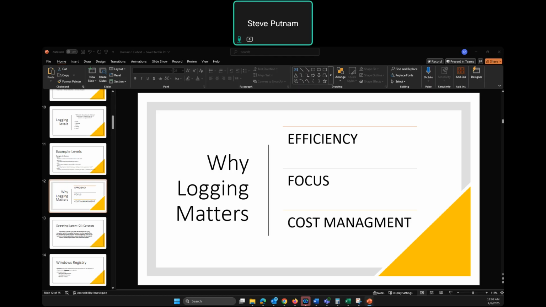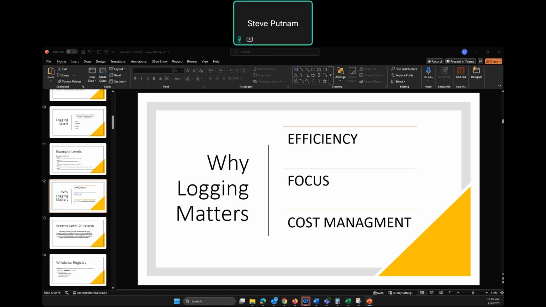Okay, focus on critical issues. Logging enhances focus on critical issues. Prioritized logging levels, i.e., error, warning, info, help teams focus on high-impact problems first so they can prioritize what they're doing. Alerts generated from critical logs allow swift action, minimizing downtime and disruption. Logging also enables trend analysis, helping identify recurring issues and vulnerabilities that require attention.